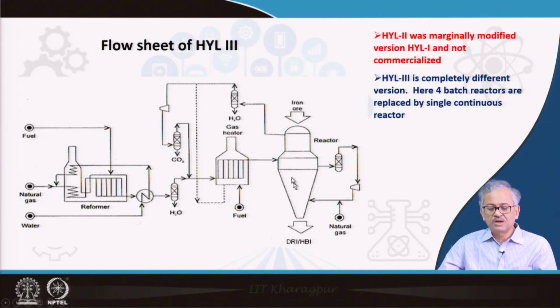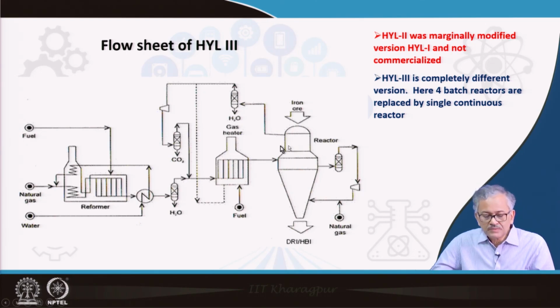In this gas, you can see this fuel gas also contains CO, so you can burn it and generate heat for gas heating purposes. And after that, gas at more than 900 degrees centigrade enters this reactor. This shaft reactor has basically two zones.